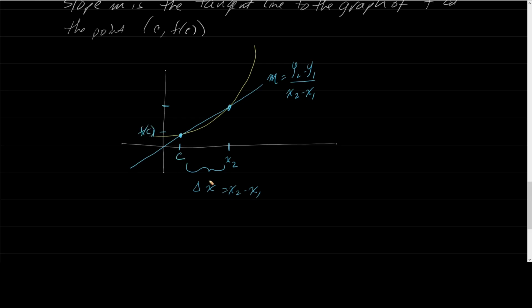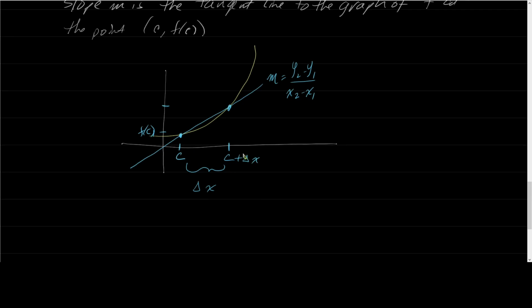All right, and then if this distance right here is delta x, then x sub 2 will be called delta x plus c, right? Or I can write it instead as c plus delta x. That makes better sense. C plus delta x. And I'm going to get rid of this part down here. All right, so that's delta x.